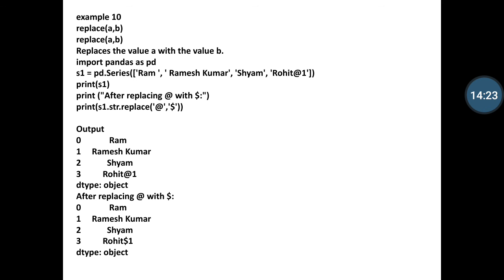After executing you can notice that at the index position Rohit 1 you can see Rohit $1. It means the @ symbol is converted into a dollar symbol.